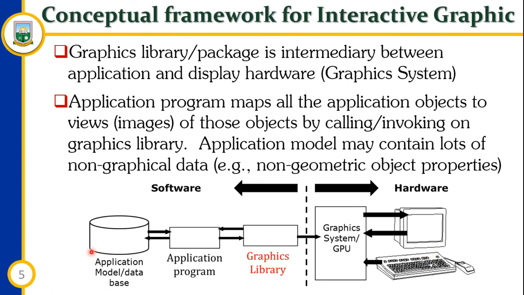Now, the conceptual framework that you see here is segmented into two main parts, and it is divided, as you can see, with the dotted line over here. So we have the software part, which involves the application model and the application program together with the graphics library, and the hardware part, where we have the GPU to help process the rendering of images on the scene which we see on our monitors or screens.